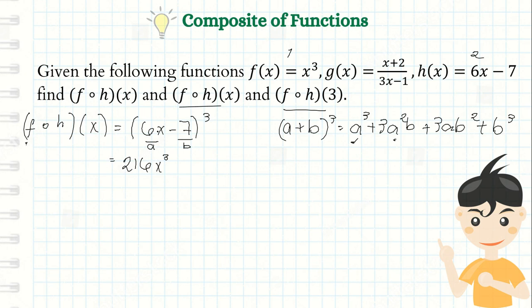Sir, negative 756 x squared. Very good. So we will be having negative 756 x squared. Okay? Very good. So nagigets nyo na ba anak yung gagawin ko? Okay. Ganun lang siya. How about the third term?